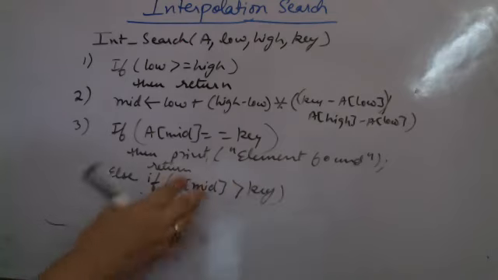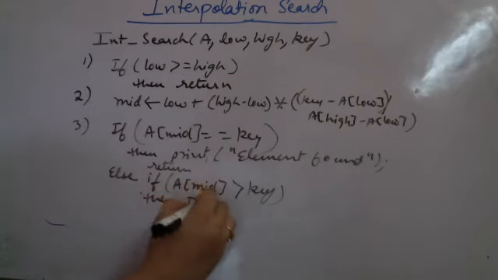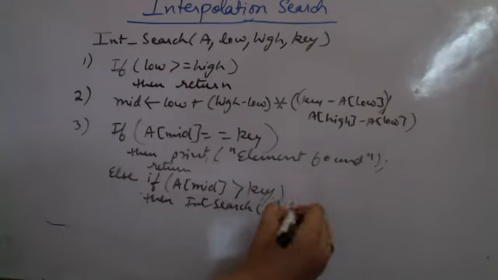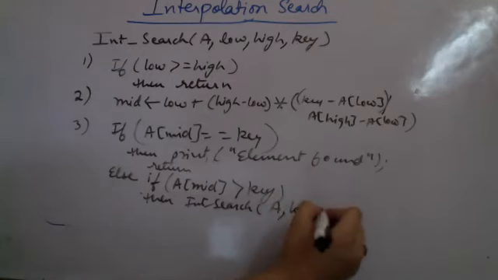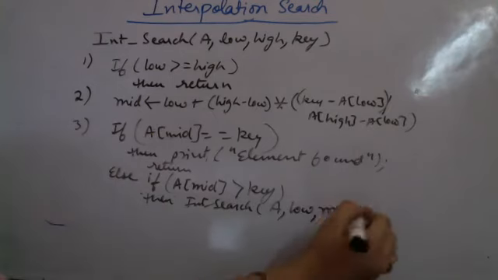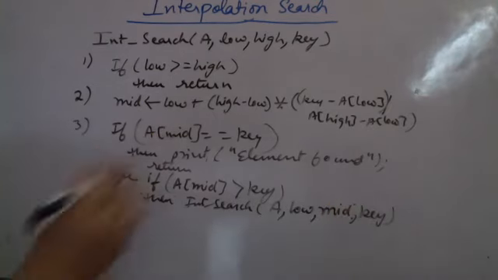In that case, I have to search in the lower half. Then I call interpolation search for A, and for the lower half, low remains the same, high becomes mid, and the key that has to be searched for.